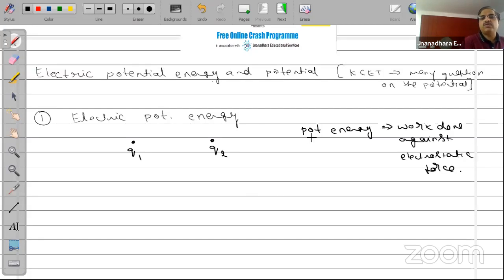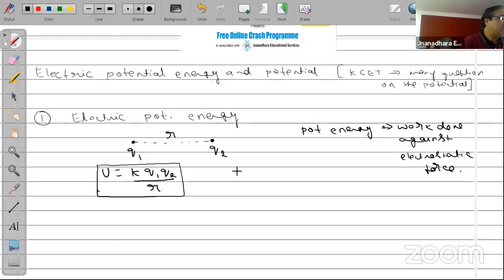This is what the potential energy is about. If there are two charges, Q1 and Q2, separated by a distance r, then the potential energy of the system will be equal to K Q1 Q2 by r. It's just the dependence on this.